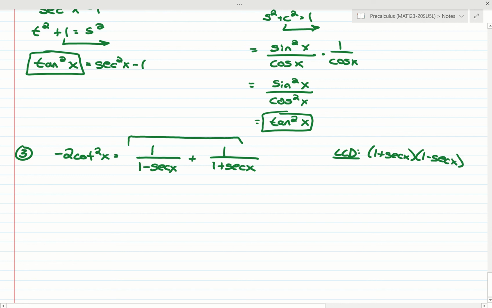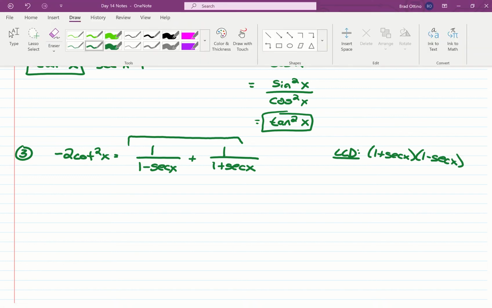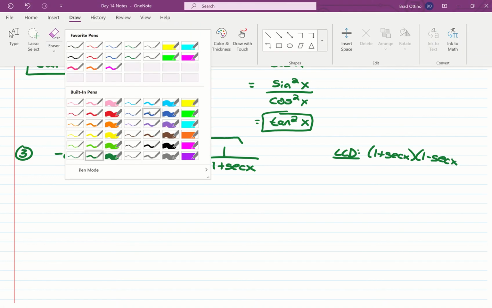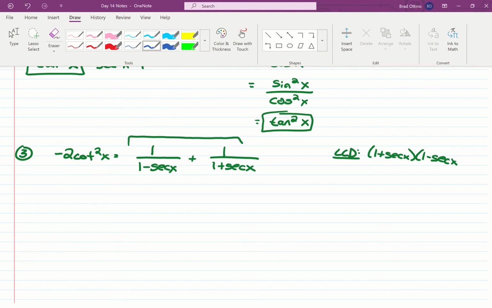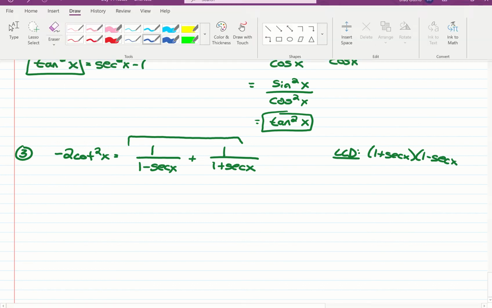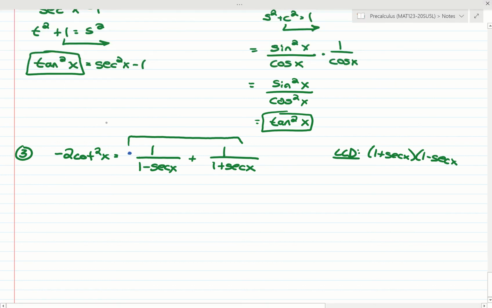So I'm going to multiply by what we're missing. I'm going to multiply this fraction by 1 plus secant over 1 plus secant. I'm going to multiply this fraction by 1 minus secant over 1 minus secant.